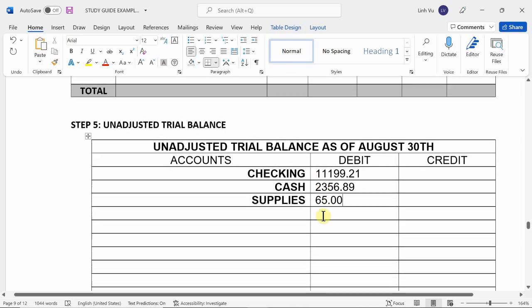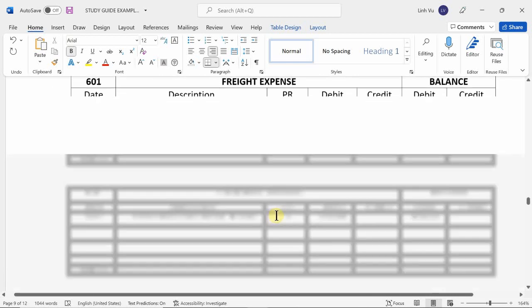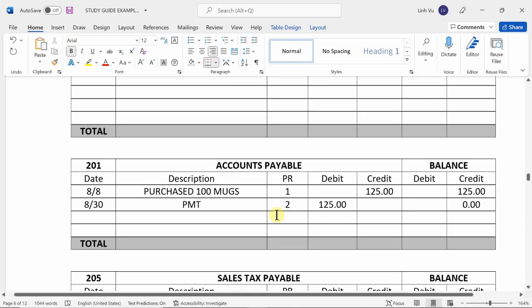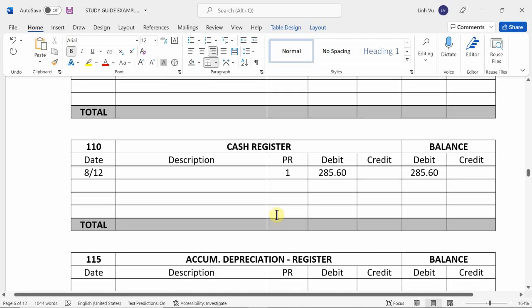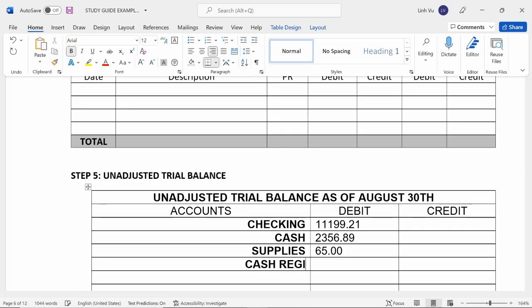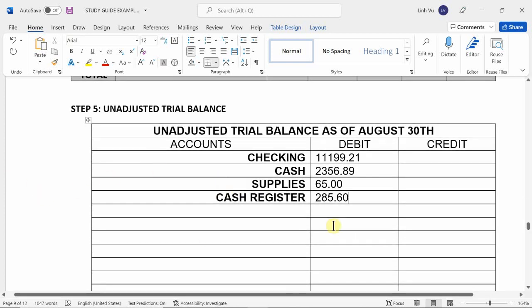Remember, we haven't adjusted supplies yet because we're at the unadjusted trial balance right now. After supplies is my cash register for $285.60.